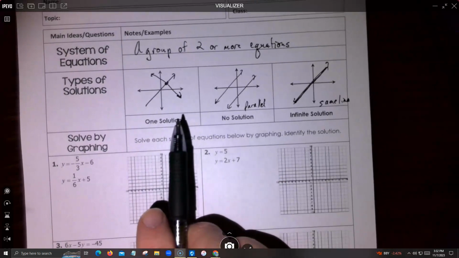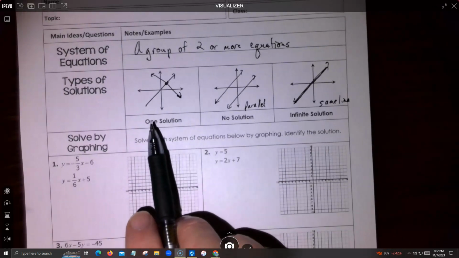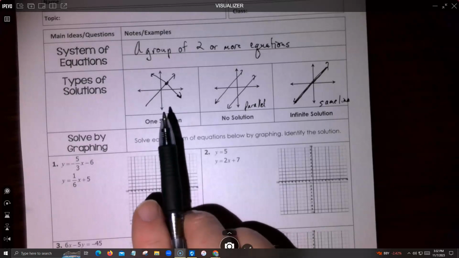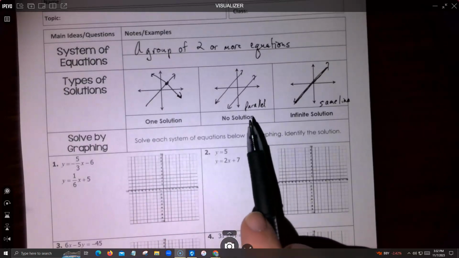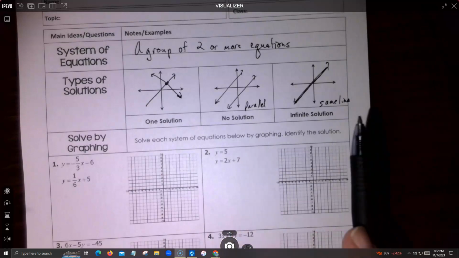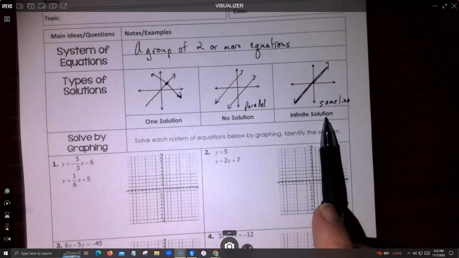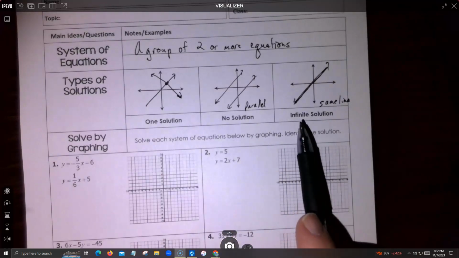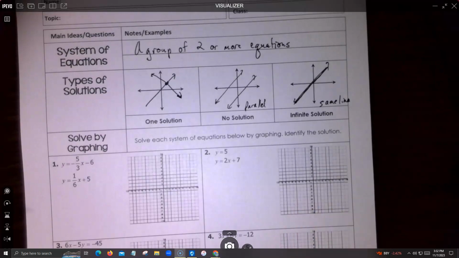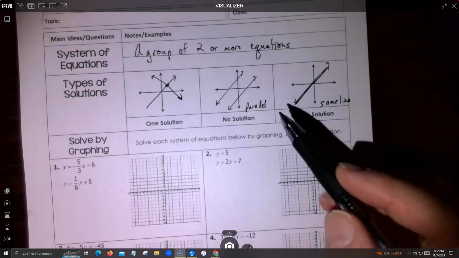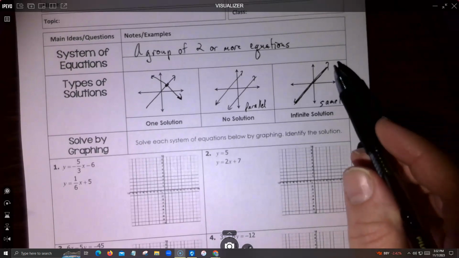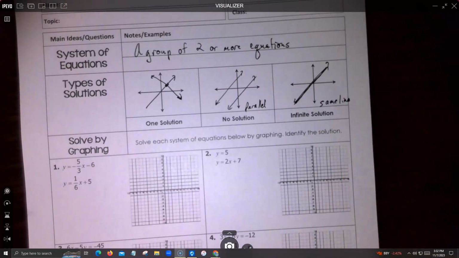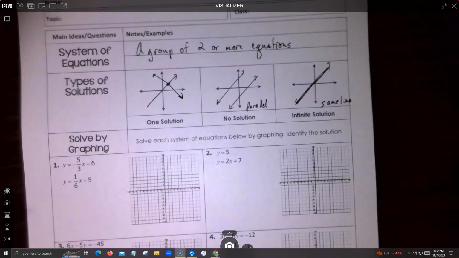If we have one solution, we'll write the ordered pair where they intersect. If we get parallel lines, we'll write no solution. And if we get the same line written twice, we're going to write infinite solutions, which means there are tons of solutions. Every single point on this line is a solution, so there would be no one solution.